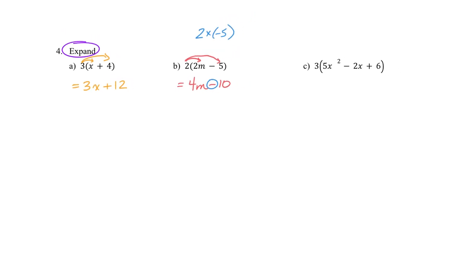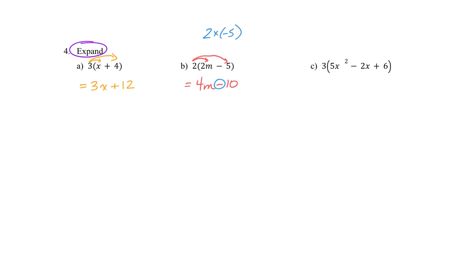Okay, take a look at C. C is not more difficult, it's just more. Okay, I want you to pause the video, see what you can come up with. Okay, we're back. So, I need to expand. This time, I have 3 terms inside my brackets. So I'm going to take my time and work my way through the multiply.